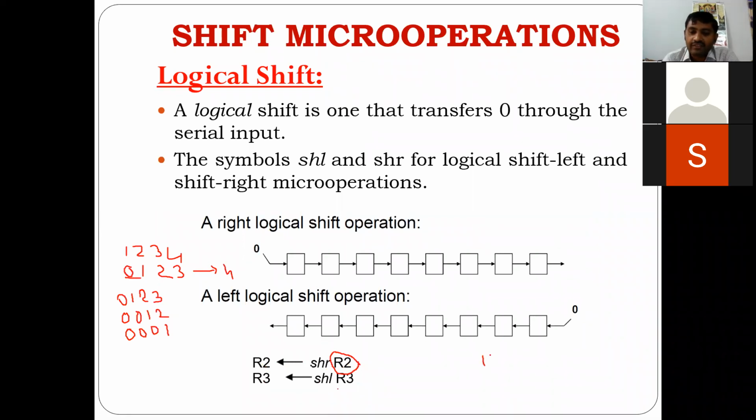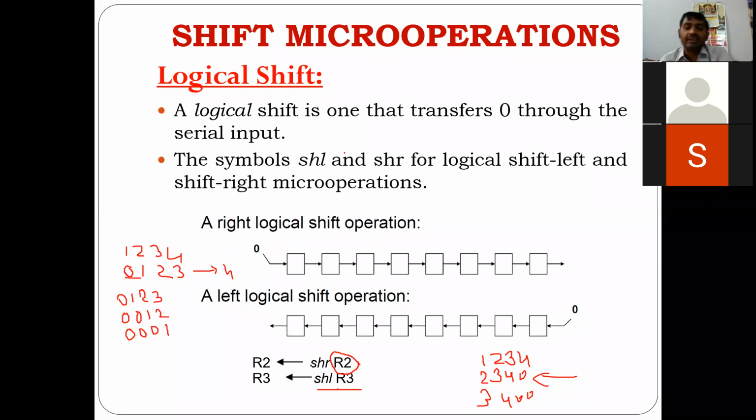Now for example, if it is 1 2 3 4, and I perform one operation, SHL R3, then what will it be? It will be 2, 3, 4, 0, right? This is if I shift one time. Suppose I shift again, going for the second operation, what will happen? 3, 4, 0, 0.